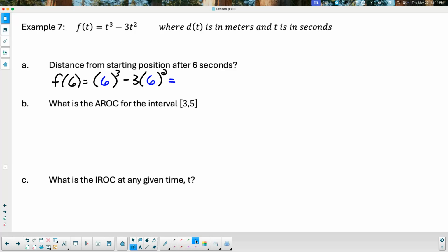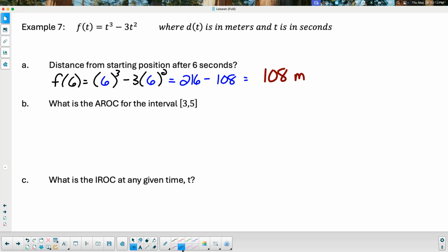It's 36 times 6, which is 216. I just put it in my calculator. Glad you guys have calculators out. Minus 3 times 6 squared. 6 squared is 36. Times 3 is 108. So this object is 108 meters from the start after 6 seconds.